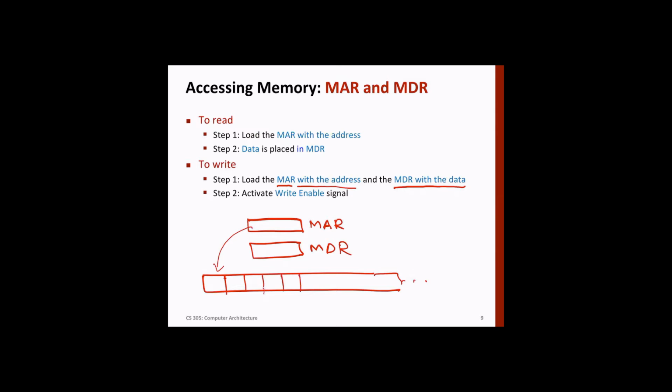If you are writing into this location, then the memory address register will give the location of this, essentially a pointer to this place. And when we are writing into this one, the contents of the MDR go into that memory location. Any question?